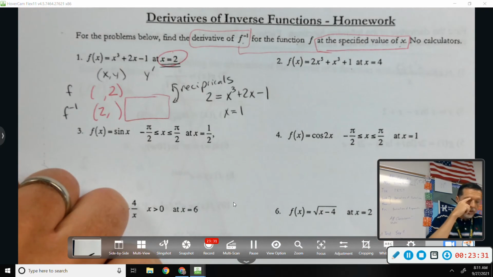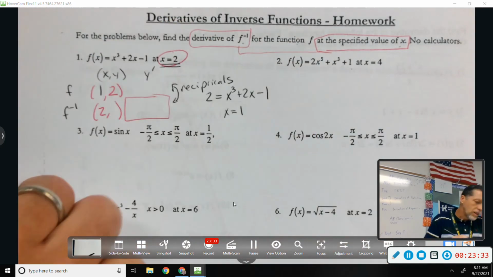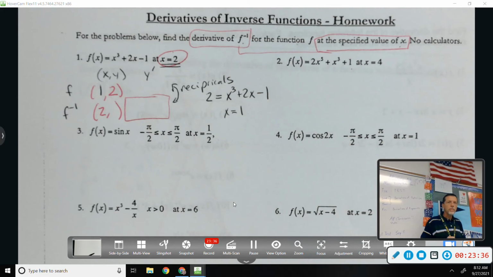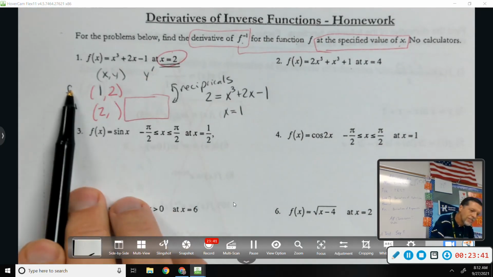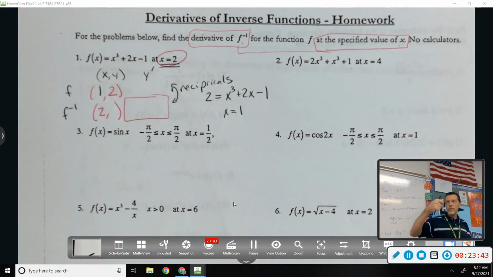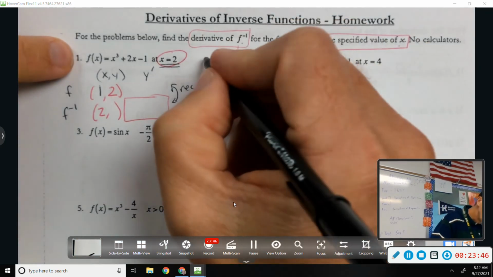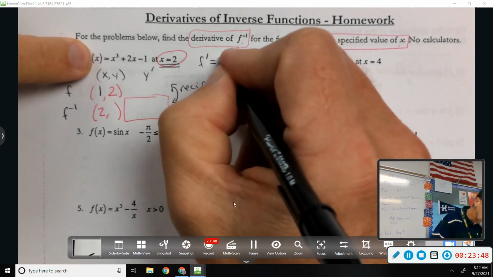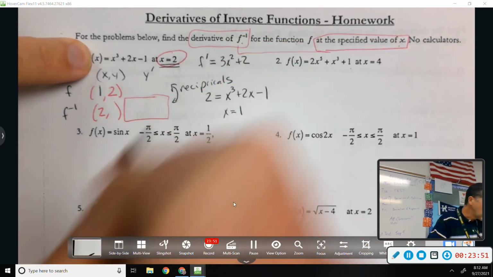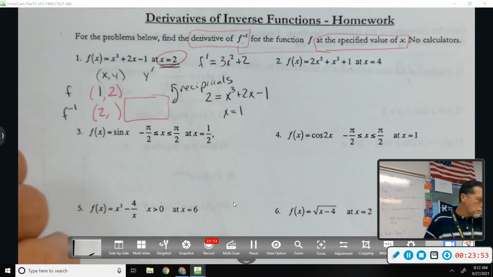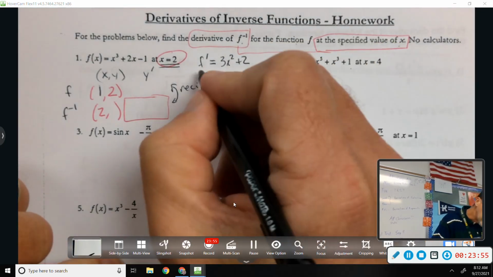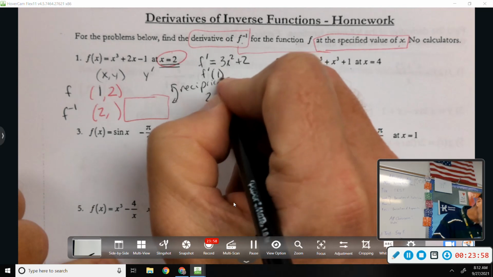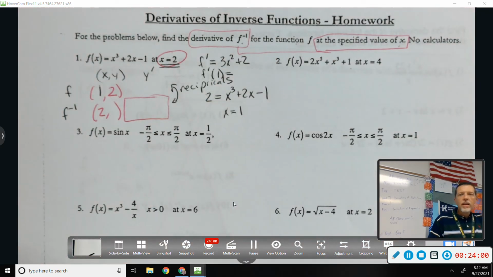1 plus 2 minus 1 would get me back to 2. So I need to find the derivative of f at 1 and then flip it over. f prime would be 3x squared plus 2. And if I evaluate that at 1, what do I get? 5.